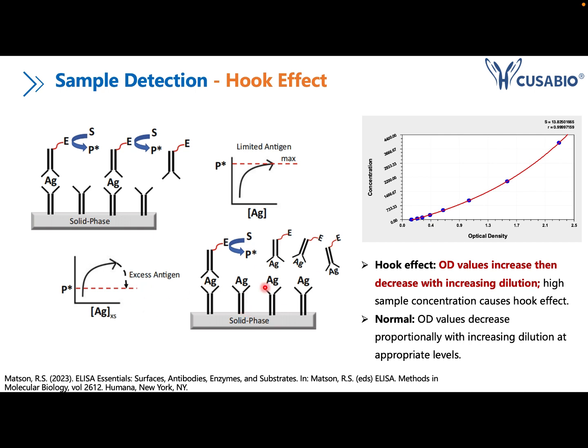Because of this, it will reduce the effective binding of the detection antibodies, resulting in a lower signal despite a very high analyte concentration. A quick reminder is that once you see this phenomenon, be careful about the hook effect, and you can take actions to avoid it.